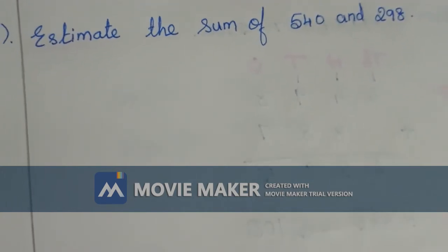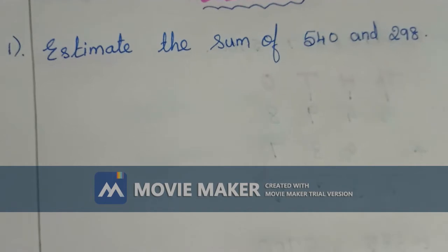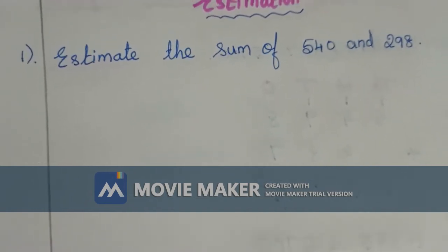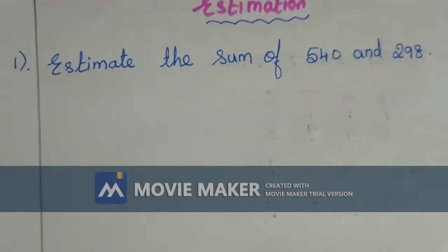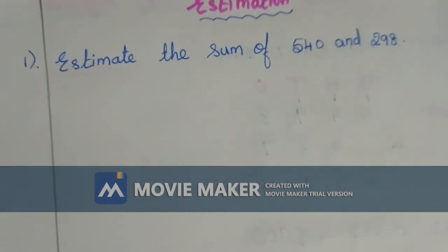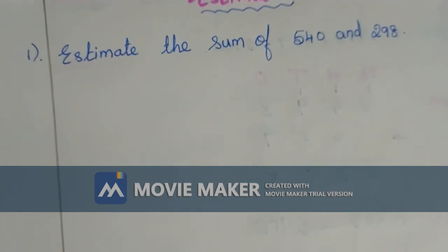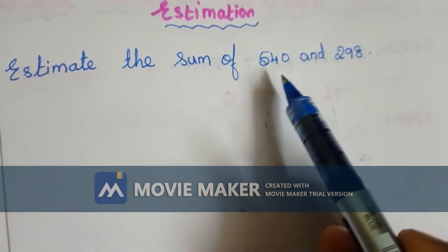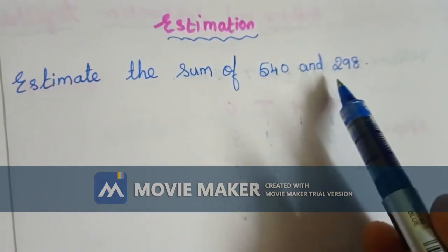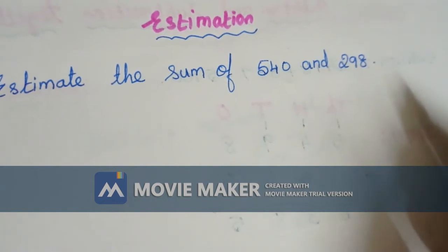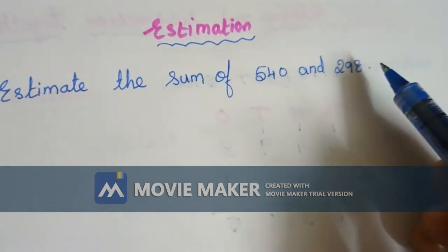In this estimation we are going to estimate the sum and estimate the difference. First we are going to see how to estimate the sum of two numbers. So first estimate the sum of 540 and 298. Children, estimation means approximation values.